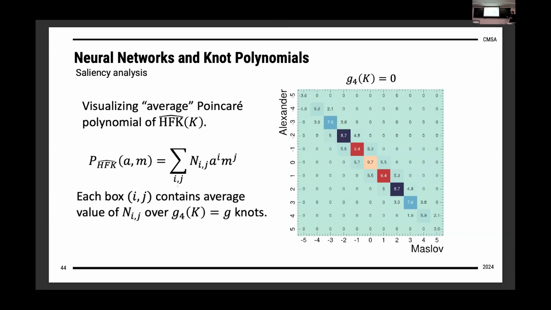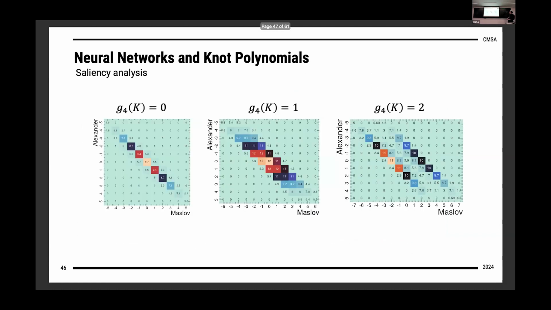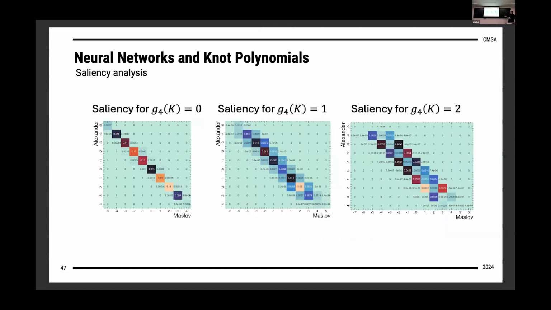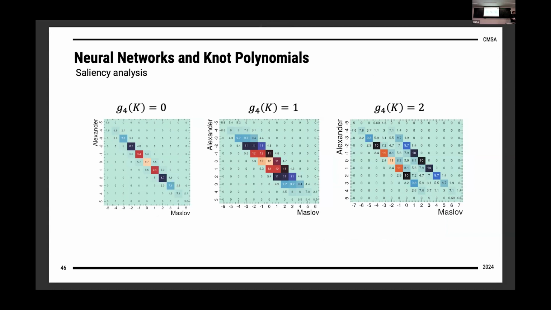So it captures the most obvious pattern that you can have in your data set of knots. The same thing occurs for higher genus. For genus 1 and genus 2, you can see that the saliency maps are nearly similar. It tries to capture the most obvious patterns that it sees, but some non-trivial patterns too, to be able to distinguish, because there's still some overlap between genus 1 and 0.